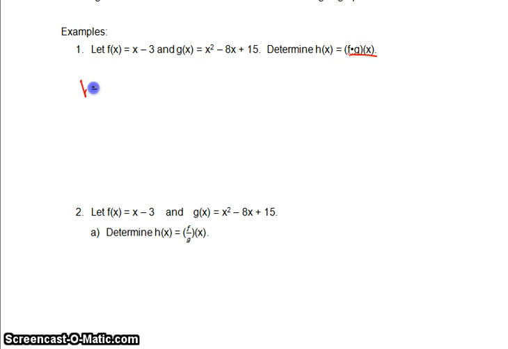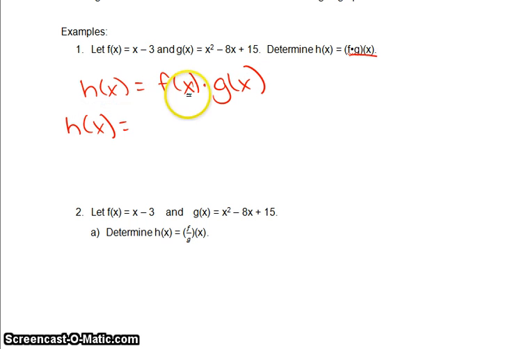So h of x is equal to f of x times g of x. Now we're going to replace f of x with its actual function, so it'll be x minus 3 times this g of x function, x squared minus 8x plus 15.